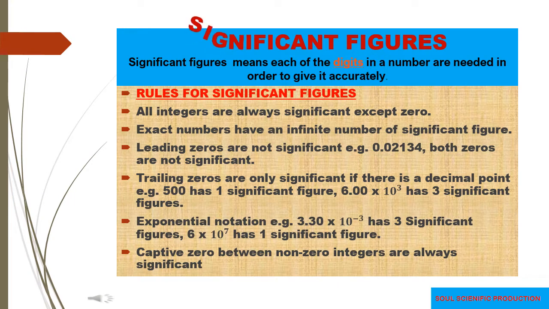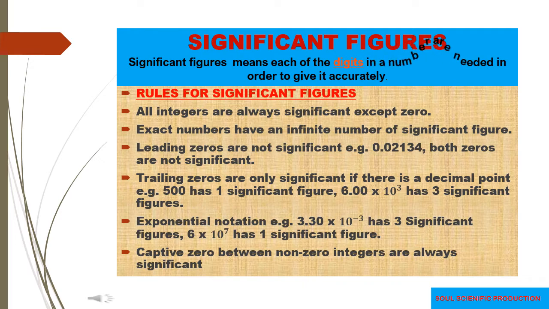Trailing zeros are only significant if there is a decimal point, for example, 500 has one significant figure. 6.00 times 10 to the power 3 has 3 significant figures.